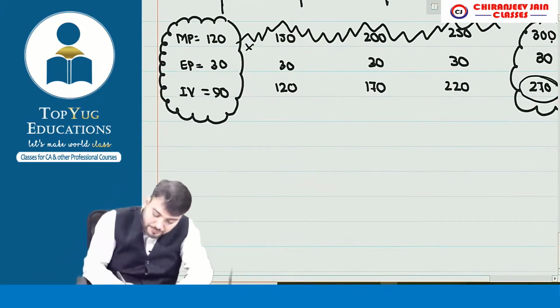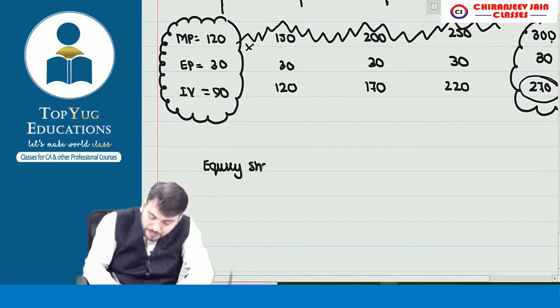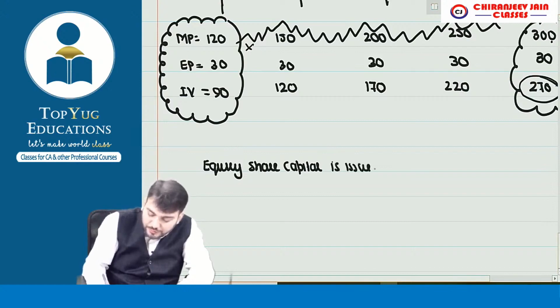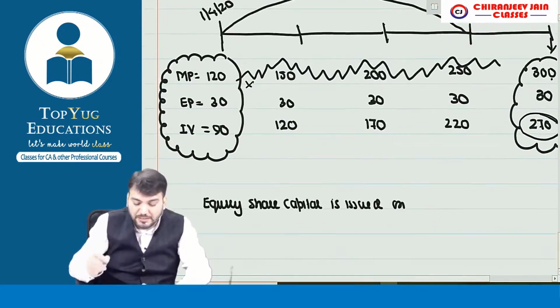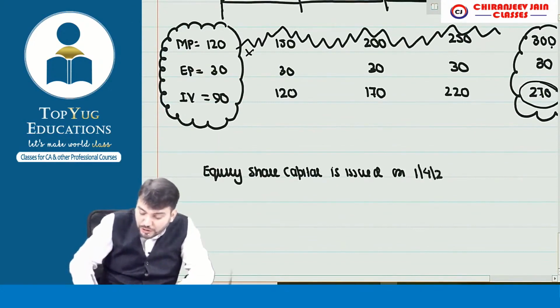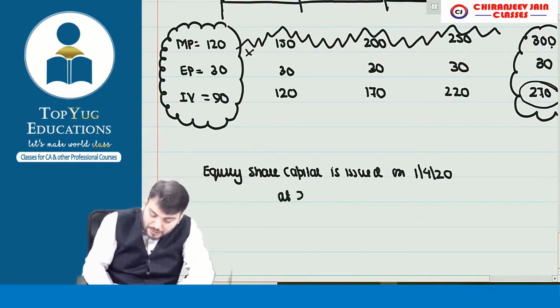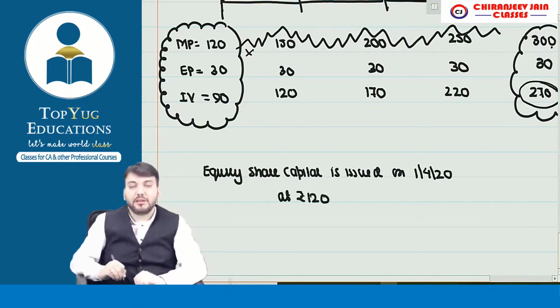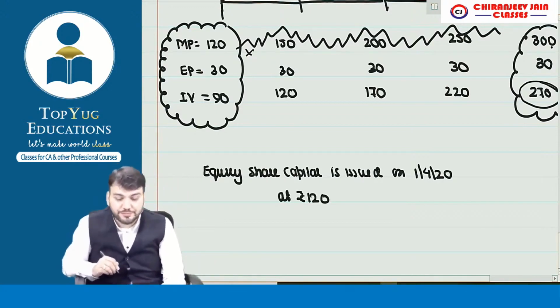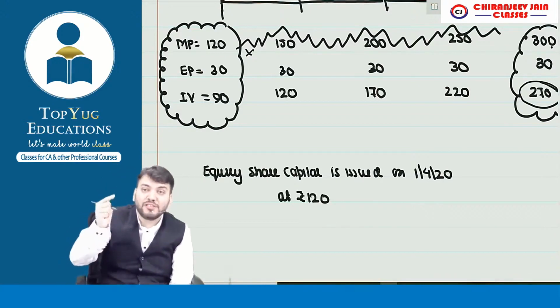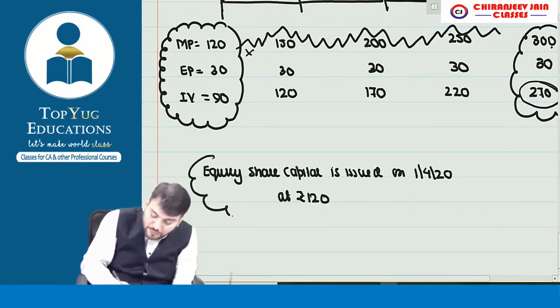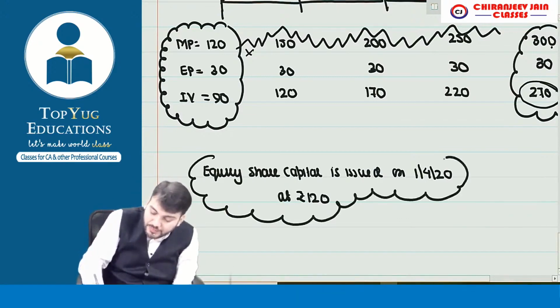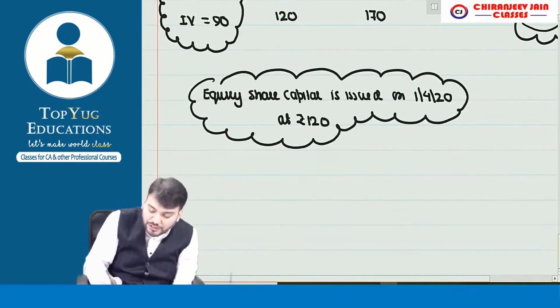Understand what I am saying: if equity shares are issued on 1/4/2020 at rupees 120, what journal entry are we passing on this date?